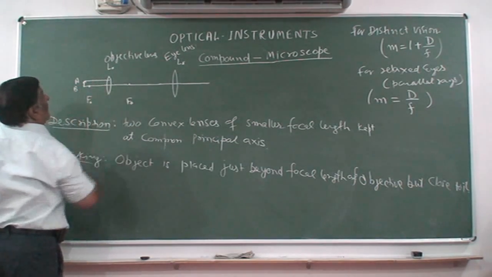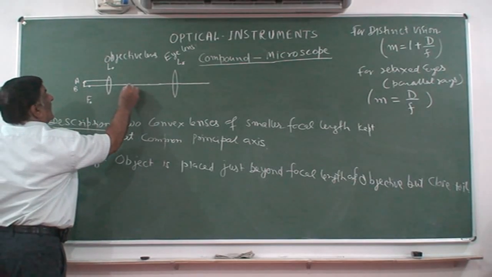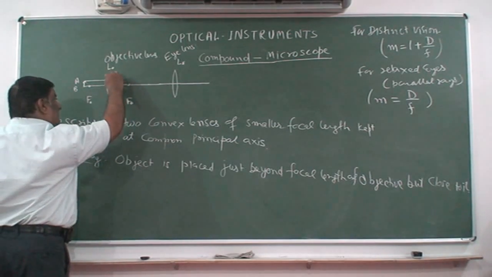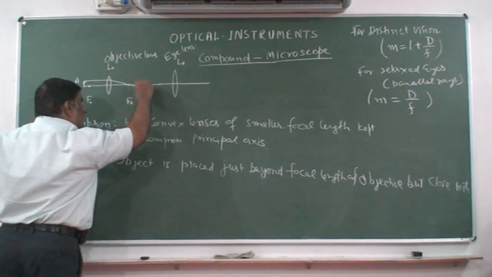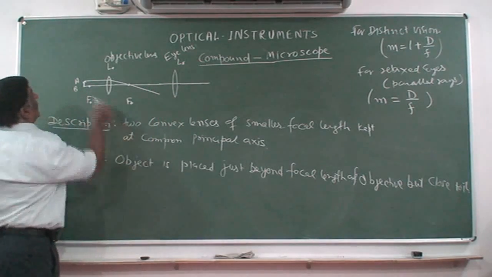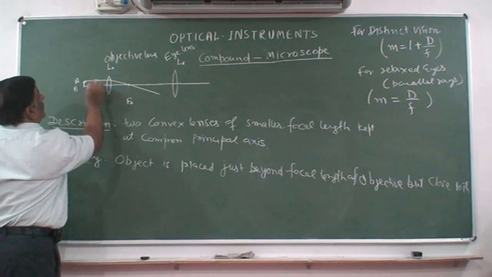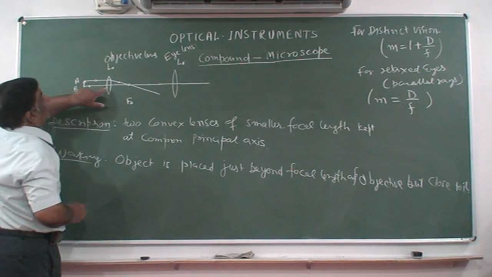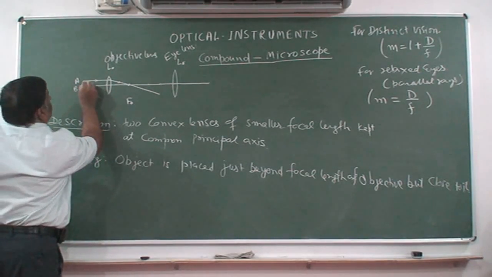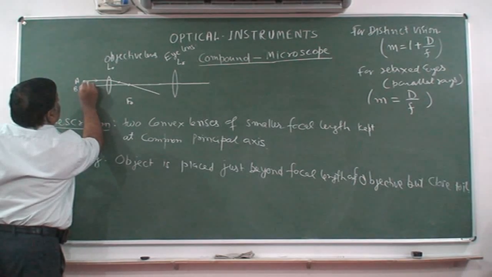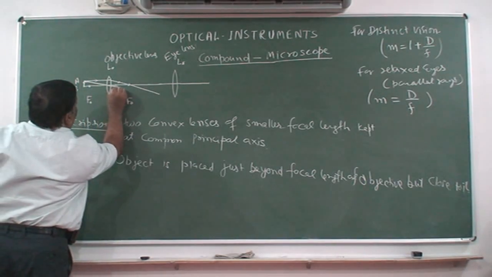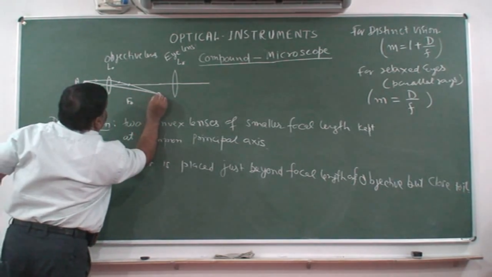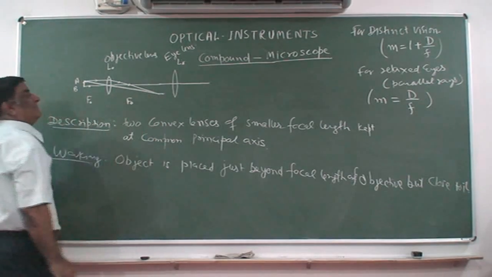There is one parallel ray coming from A that has to go through the focal point. It goes through the focal point. Then there is another ray going from object A, and we make it go through O. So we detect this passing through O, and it meets somewhere here.